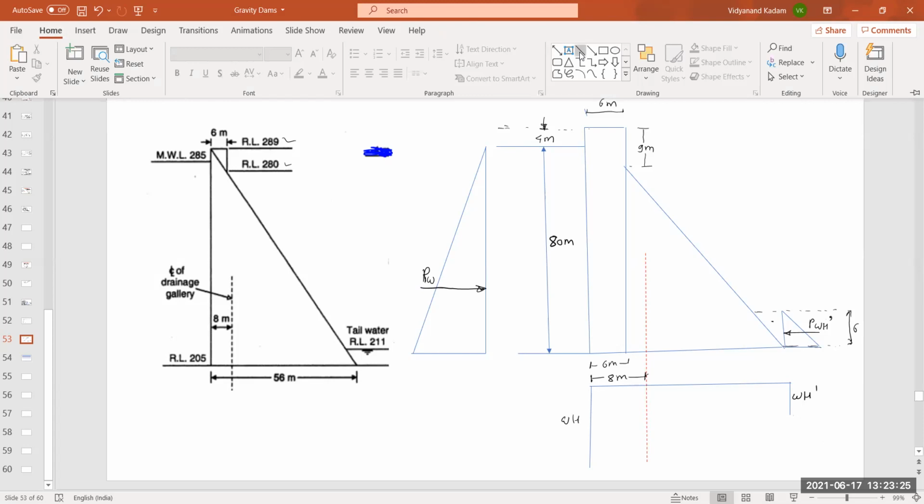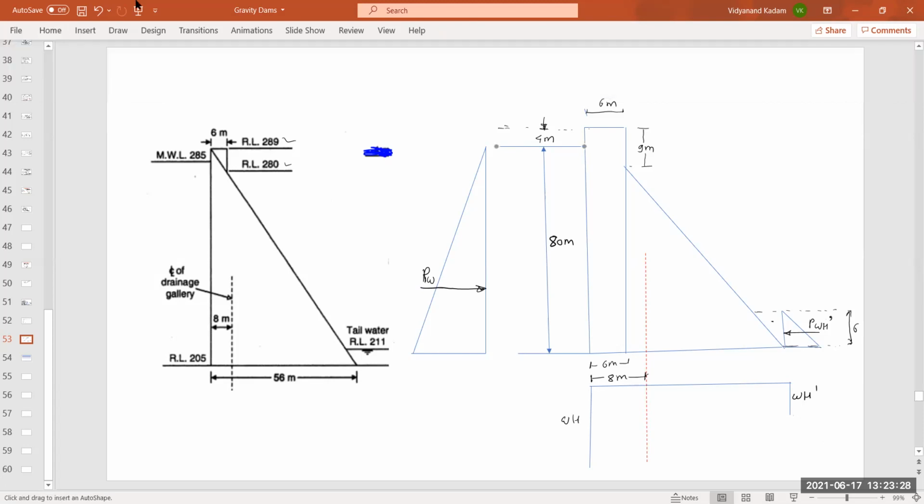Then the value of uplift pressure at the drainage gallery, see this particular height, is given by one third the difference of uplift pressure between heel and the toe.